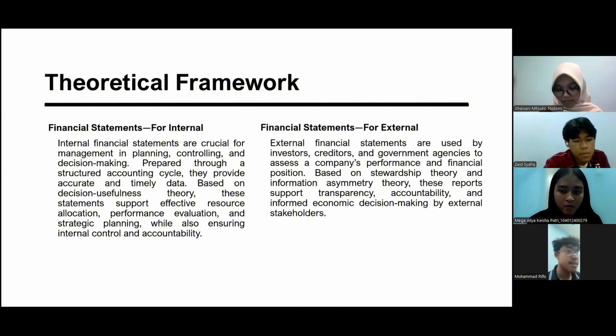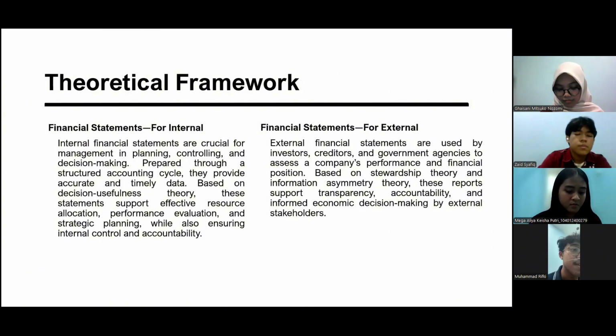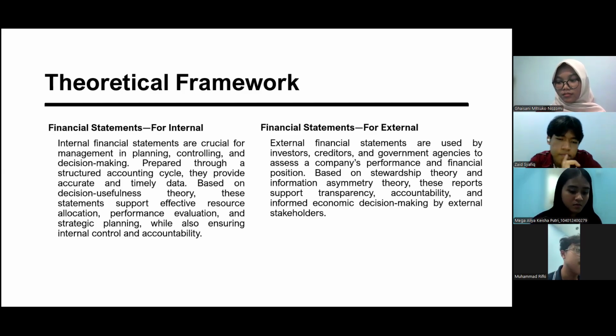Next is internal financial statements. Internal financial statements help management with planning, control, and decision making. Based on decision usefulness theory, they support resource allocation, performance evaluation, and strategic planning.